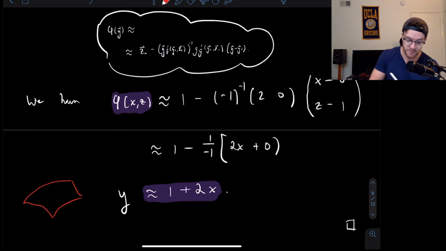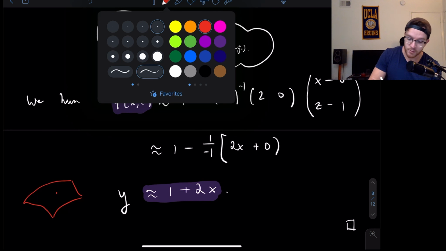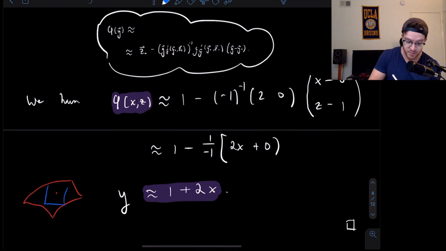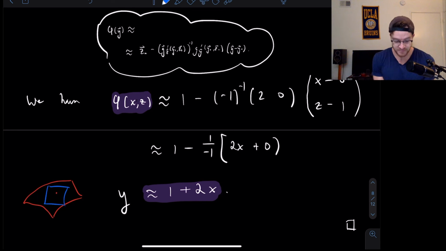We have some surface and some point, and what we've done is we've computed the tangent plane at that point. The idea being, if that tangent plane looks like the graph of a function of x and z, then locally the blob, the 2-dimensional thing cut out by our equation, will look like the graph of a function of x and z.